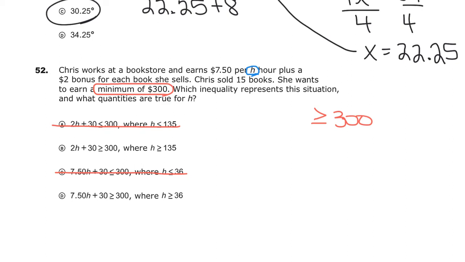So your H has to be with the number that stands for hours. In our problem, which number is referencing the hours? The 7.50. So your H must be attached to that one. Which answer did we just eliminate? B. We just eliminated B. And have your answer. Why does this take me 20 minutes?